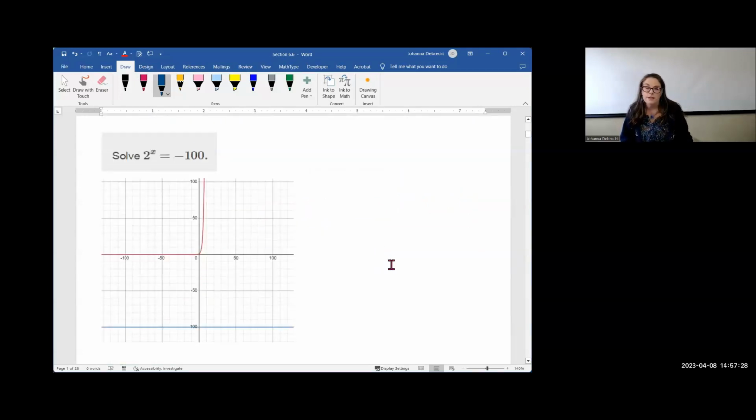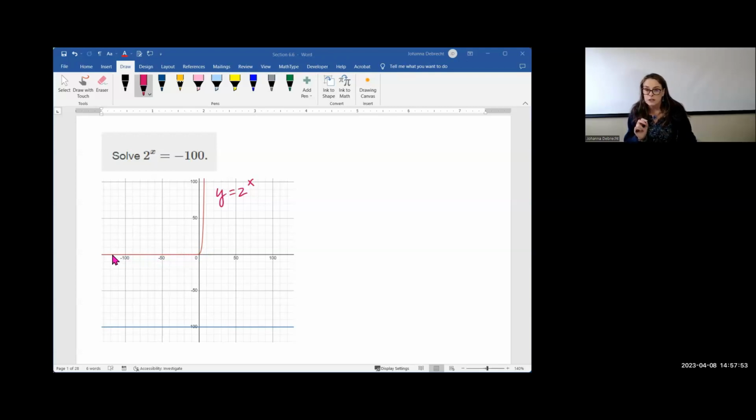Let's take a look at this one right here and consider whether or not exponentials always have solutions. When we're looking at this one, I actually went ahead and graphed y equals 2 to the x in red, which you can see coming down here from the y-axis, and then it makes this turn, and it gets very close to the x-axis.